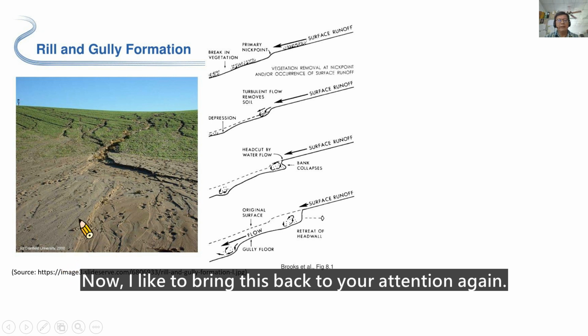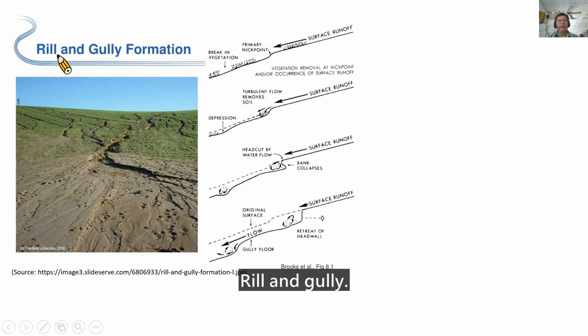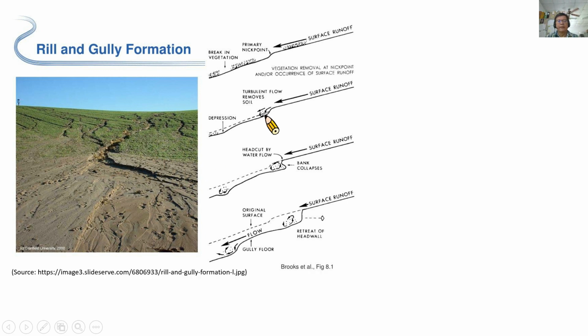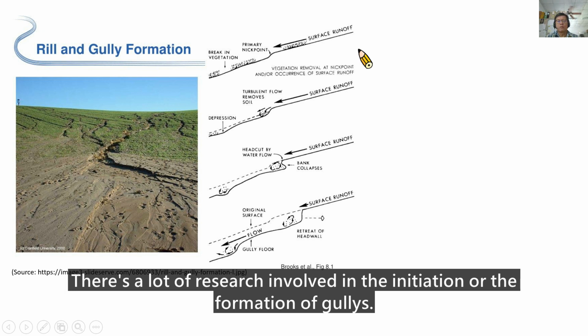Now, I like to bring this back to your attention again. Rill and gully. Rill is caused by concentration of surface runoff. There's a lot of research involved in the initiation, or the formation, of gullies.